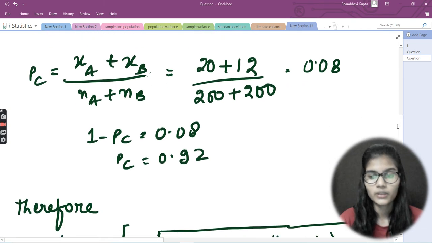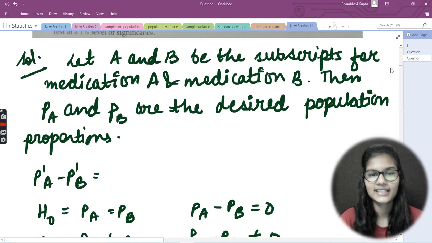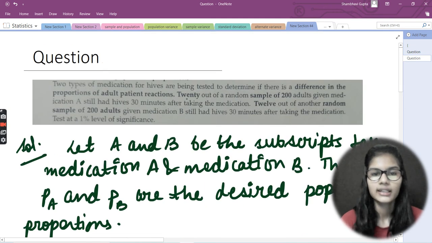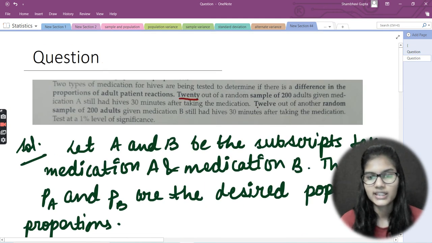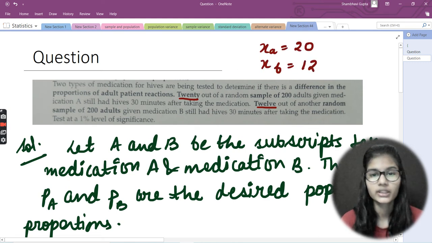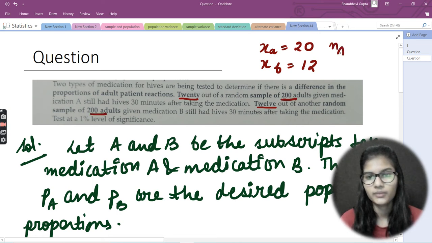After that, we found the pooled proportion, that is PC. That was equal to XA plus XB upon NA plus NB, right? Now XA and XB were already given, that is 20 and 12. So XA was 20, XB was 12, and NA is 200 adults, and NB is also 200, right?